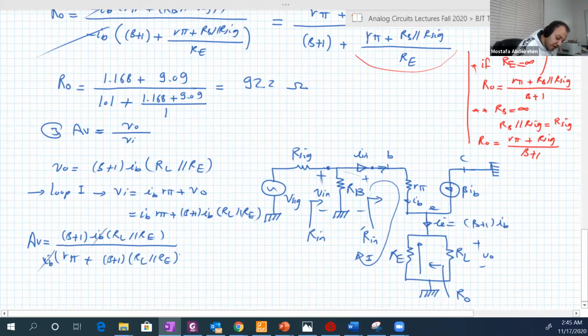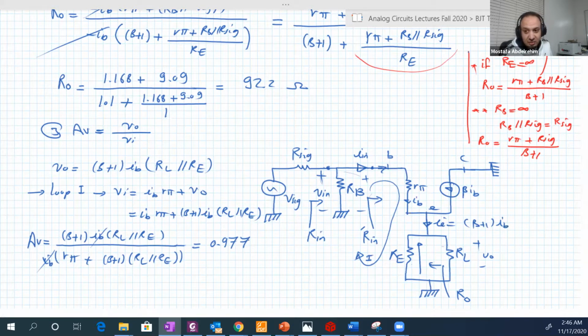IB will cancel with IB. If we substitute here, this will be 0.977, approximately 1. It's very close to 1.